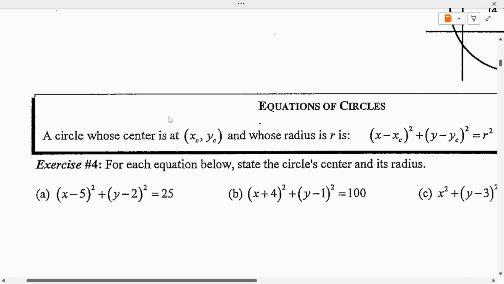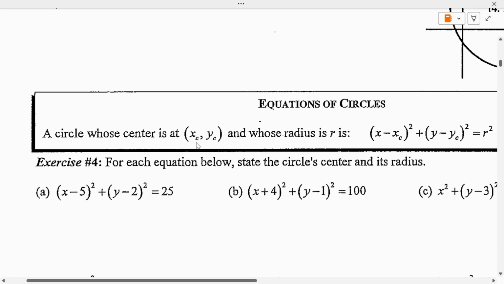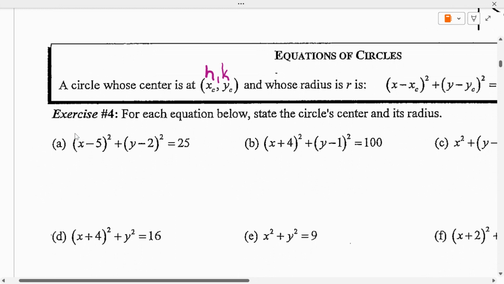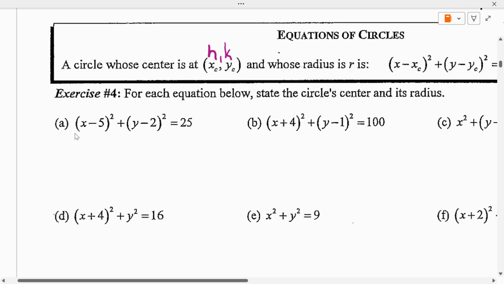Okay. So, a circle whose center is at (x, y). All of the equations that you are going to encounter are going to call this h and k instead of x sub c, y sub c. I promise you, they're always going to call the center of the circle h and k, just like the vertex of a parabola is h and k. So for each equation below, state the circle's center and its radius.